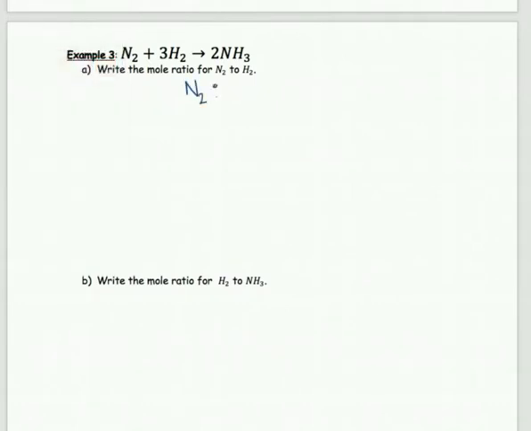So write out the ratio here. So again, once you get good at this, you don't need to write out these steps and so forth. So we're looking at the nitrogen to hydrogen relationship here. So we have nitrogen, there's 1 of those, and hydrogen, there's 3. Okay. All right. So again, if we're going from 1 to 3, hopefully you can see that you've tripled.